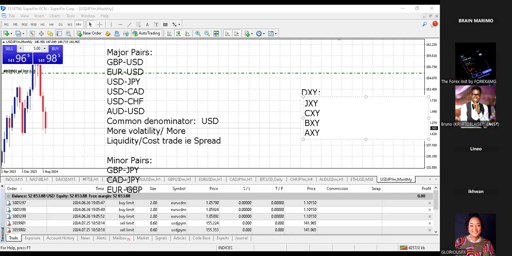So it goes. I do like looking at the general strength on these currencies as well.